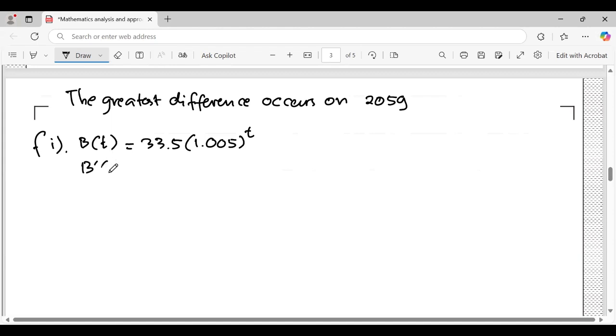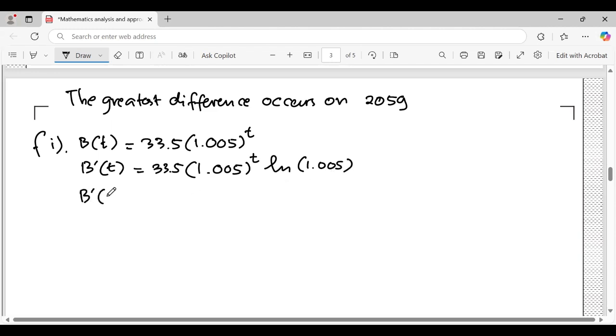The derivative of this function is 33.5 times 1.005 to the power t times ln 1.005.